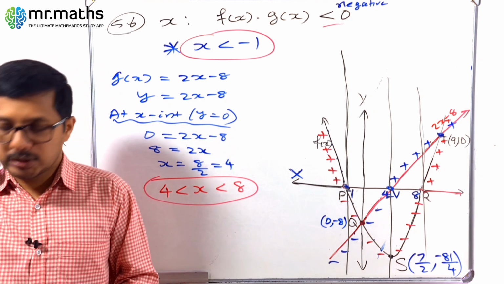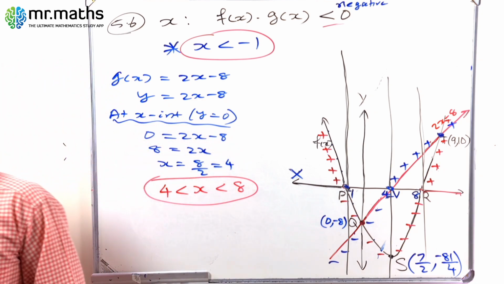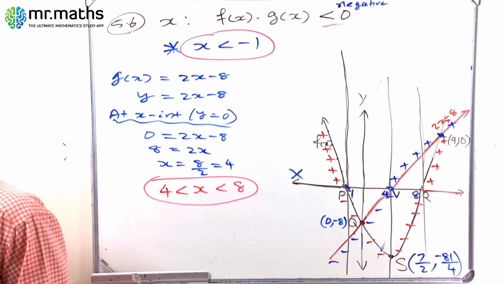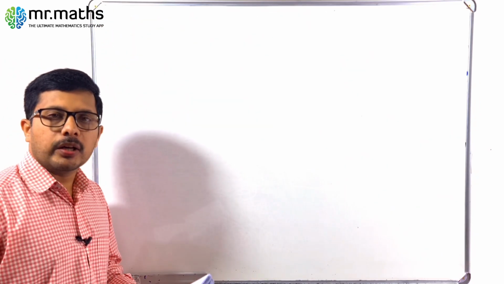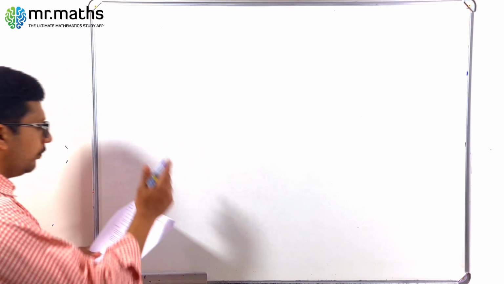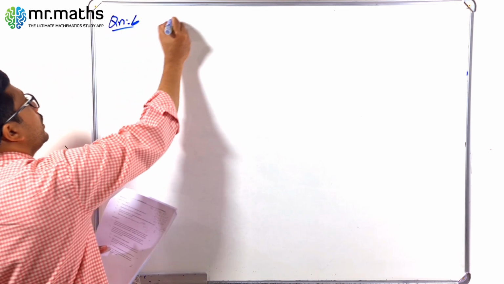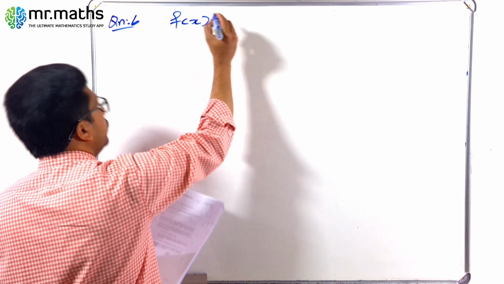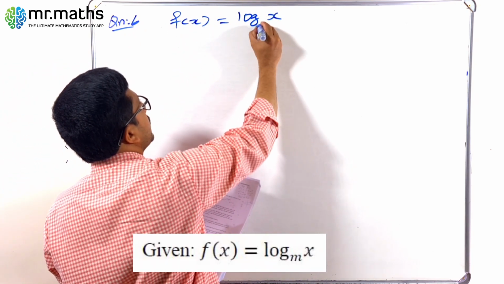Now let's move to the next question, question number 6. Given f of x is equal to log x to the base m.